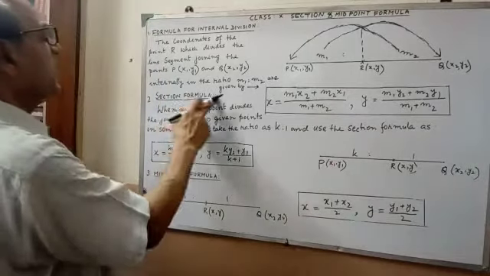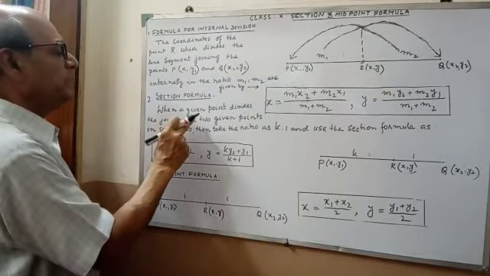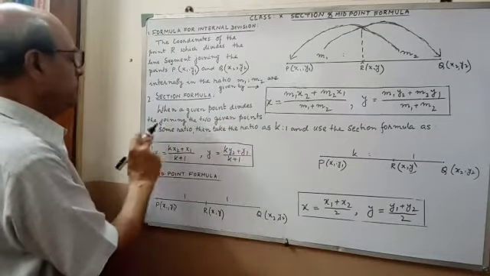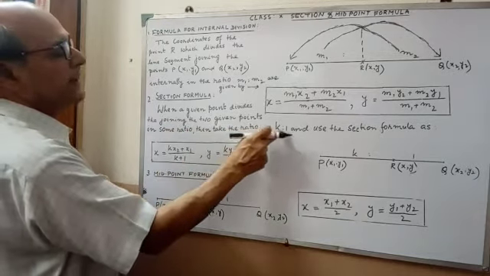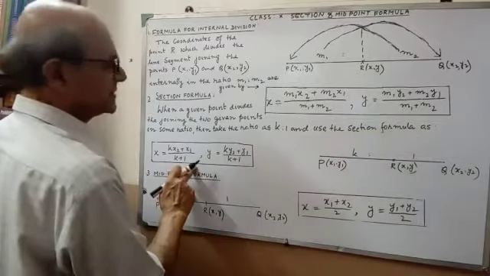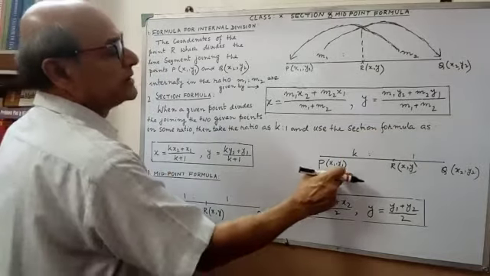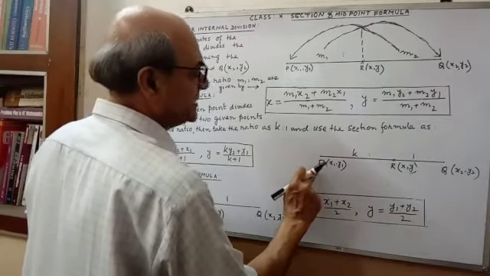Next is the section formula. When a given point divides the line joining two given points in some ratio, then take the ratio as k is to 1 and use the section formula. Here see the same diagram, the segment of a straight line. There are two ends.